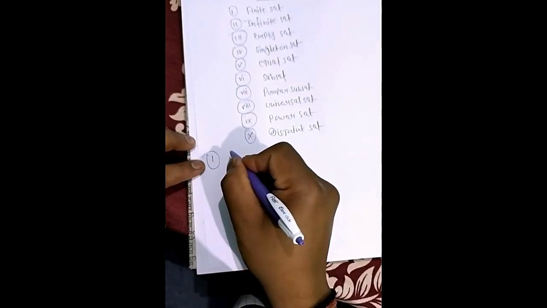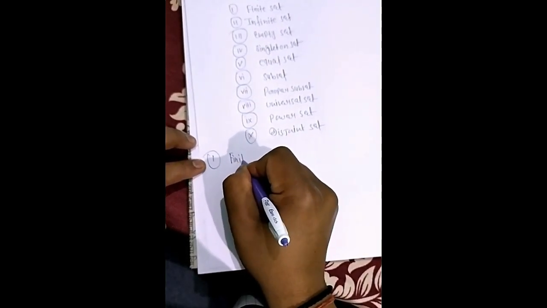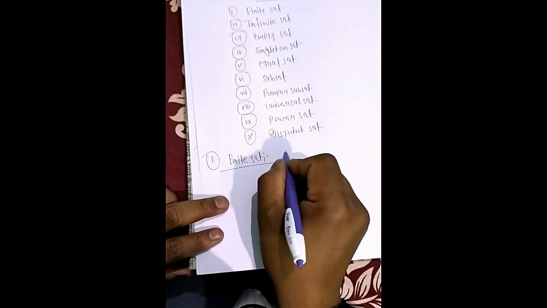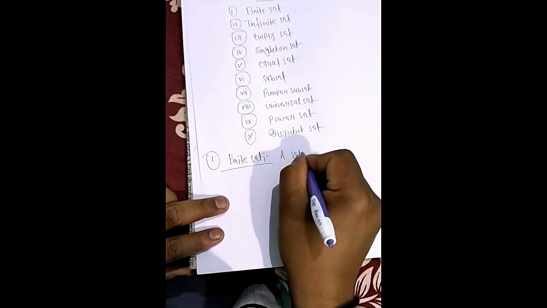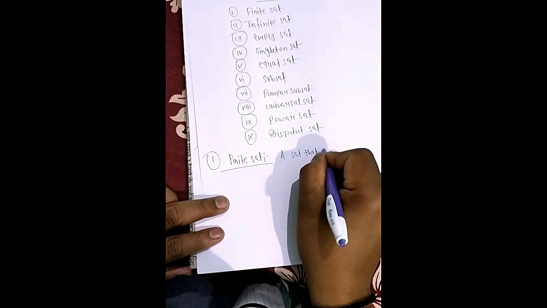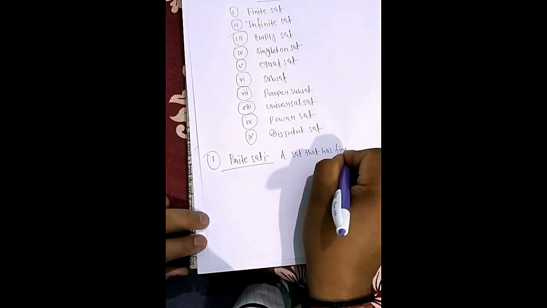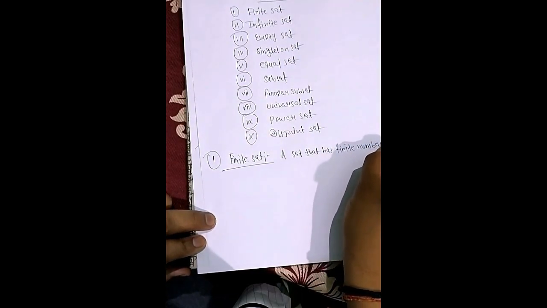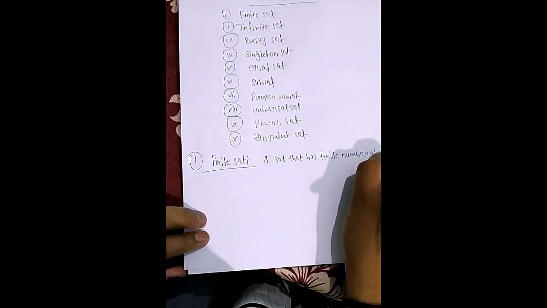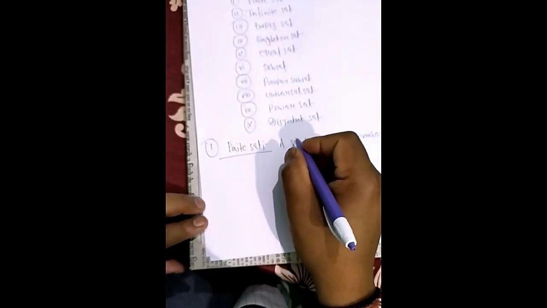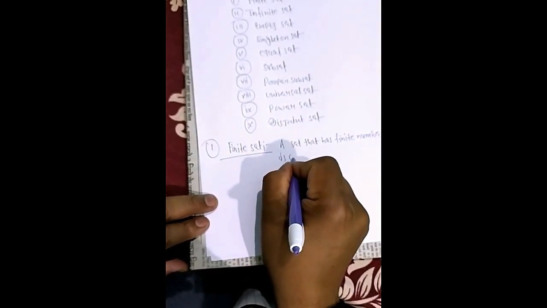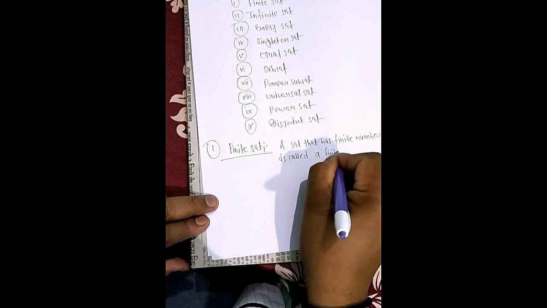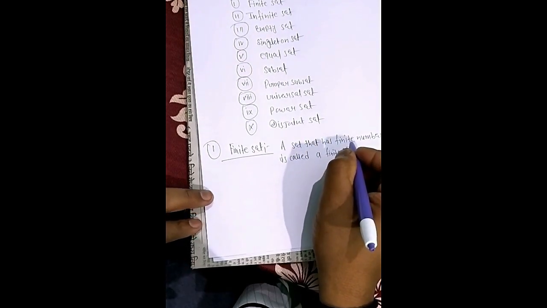First, finite set. Finite set definition: a set that has a finite number of elements is called a finite set.